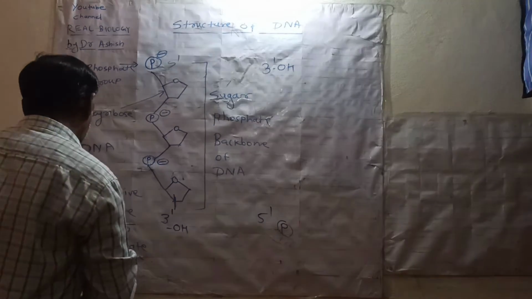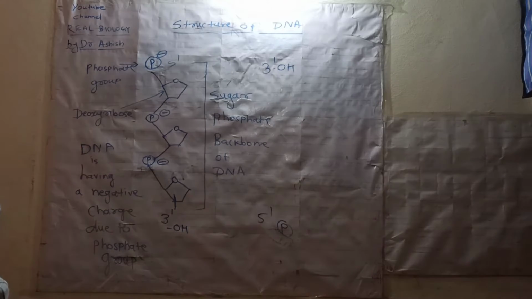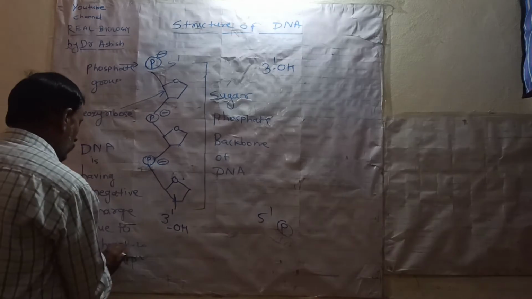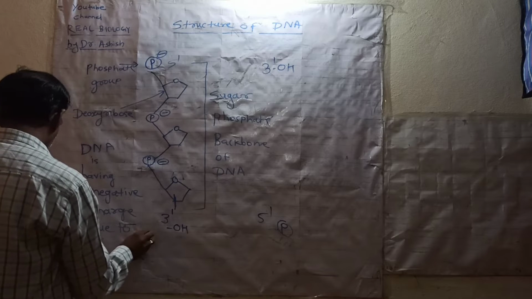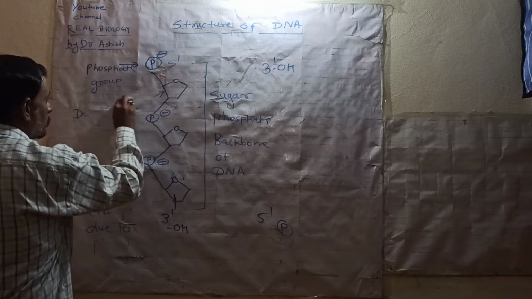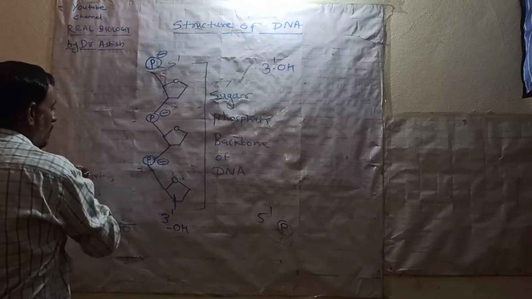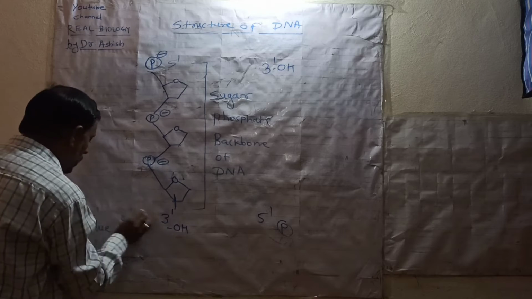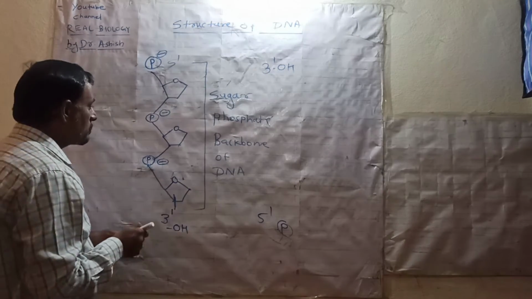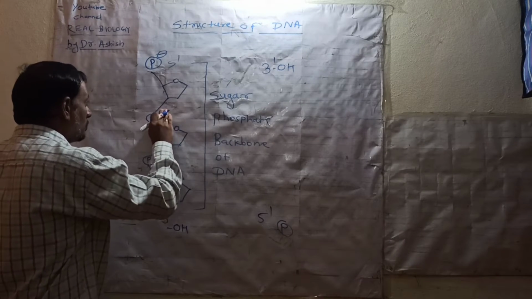Now let's go further. If you want to write it down, write it down. You can pause it and see. What are these bonds between a sugar and phosphate? These bonds are known as phosphodiester bonds.